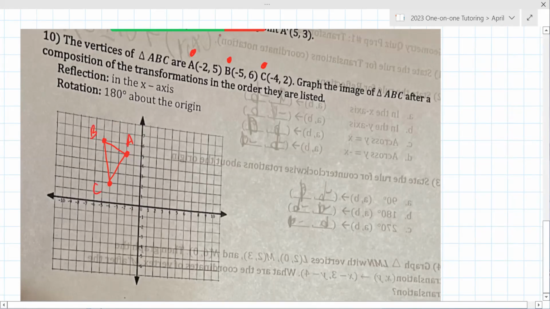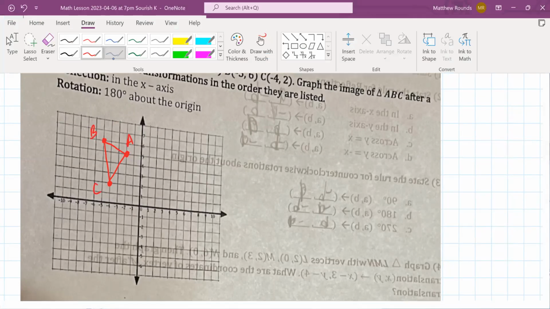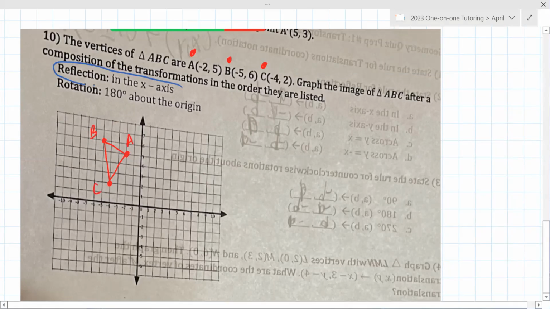The first one we're going to do here is reflect over the x-axis. Is the x-axis the horizontal or the vertical? Horizontal. That's the x-axis there.